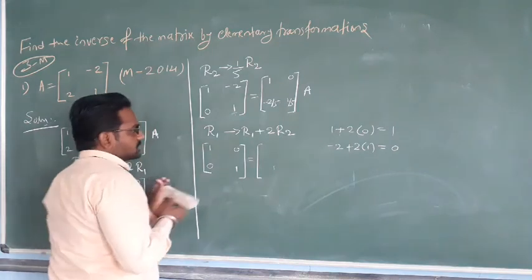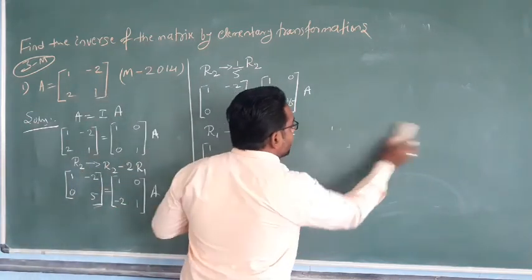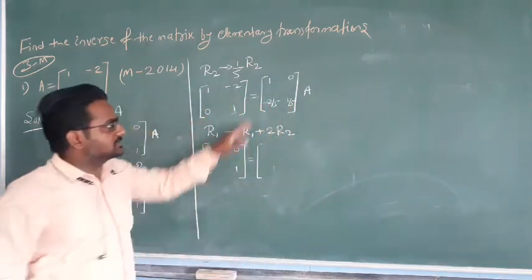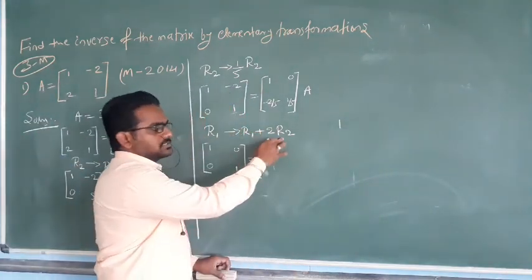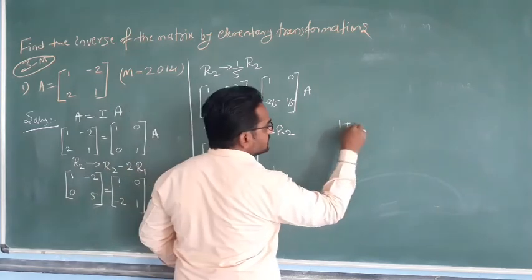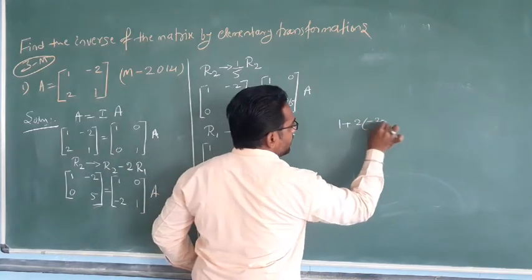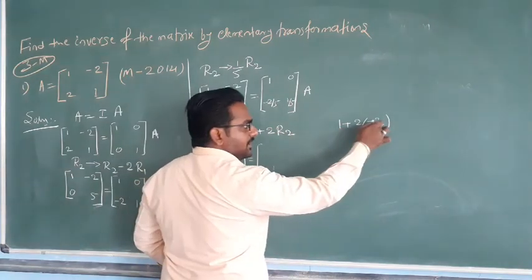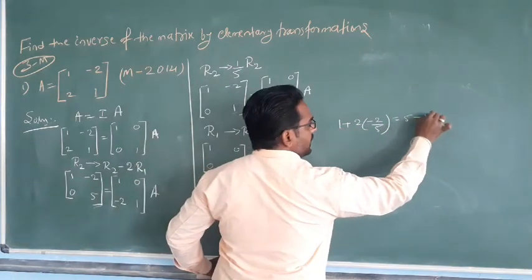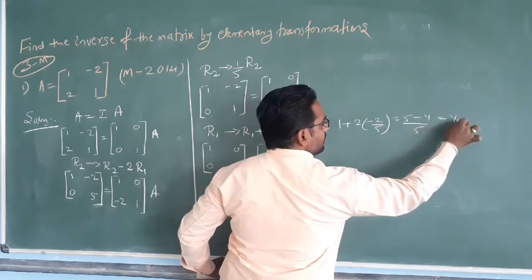Now the first row element of the RHS part of the matrix is 1 0. So R1 changes to R1 plus 2R2. So 1 plus 2 into minus 2 by 5, that is 5 minus 4 by 5, that is 1 by 5.